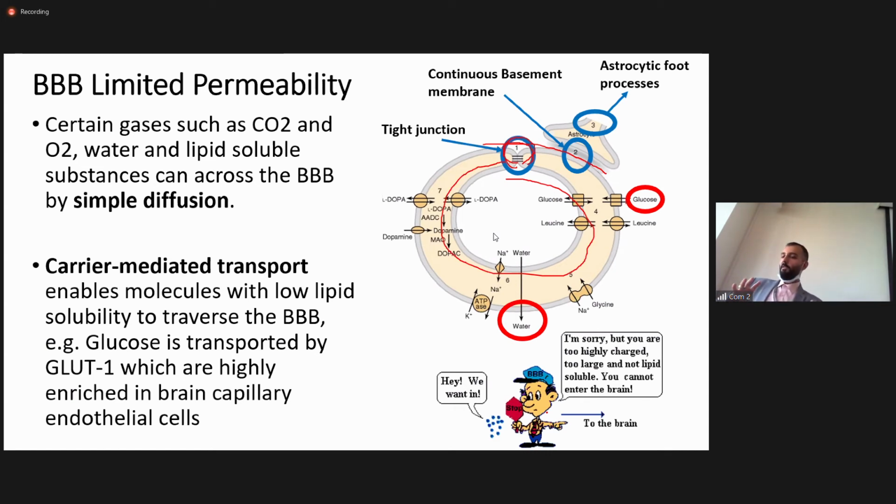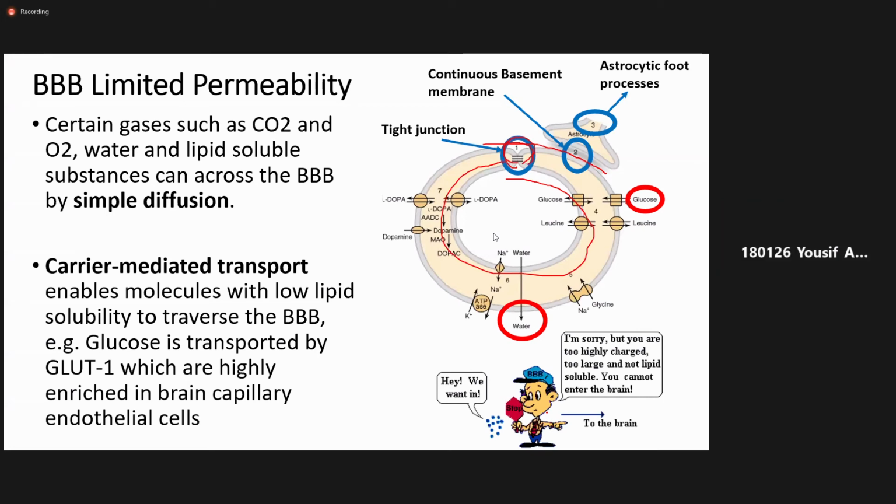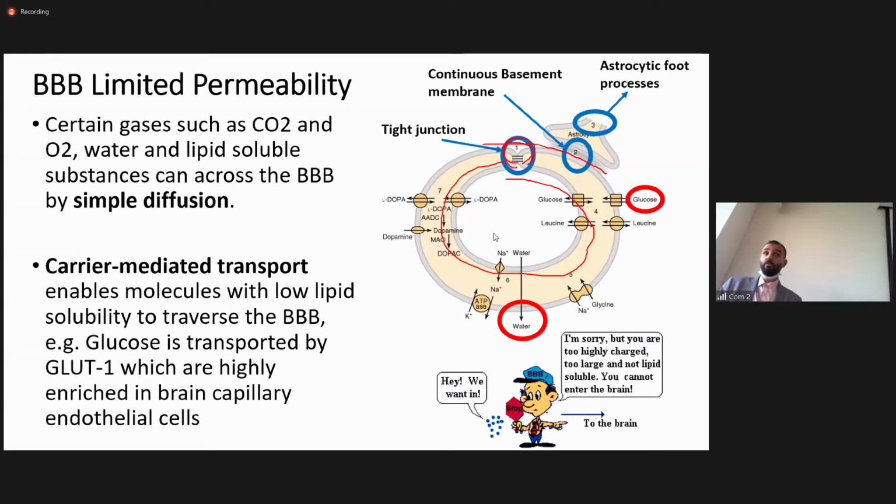Now, the blood-brain barrier doesn't allow all substances. This is the function of the blood-brain barrier, to restrict certain substances from having access to the brain. And so certain substances can cross the blood-brain barrier, like gases, like oxygen, carbon dioxide, water, lipid-soluble substances, alcohol.